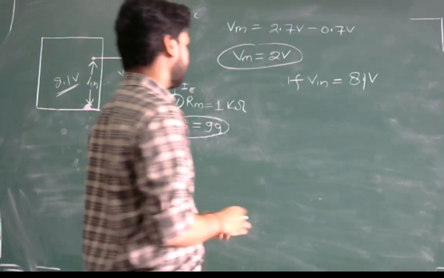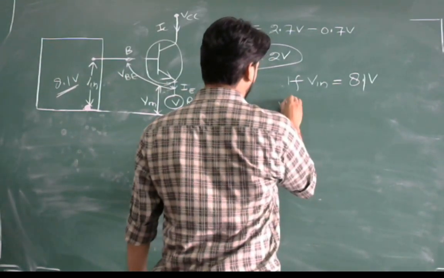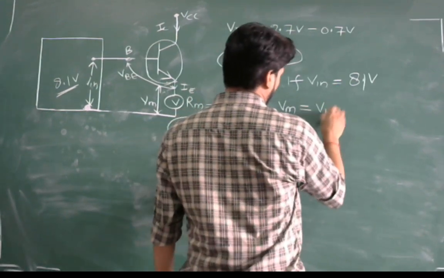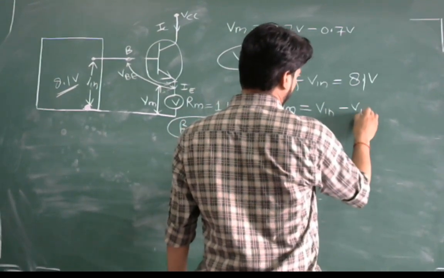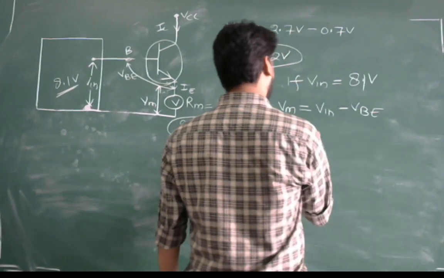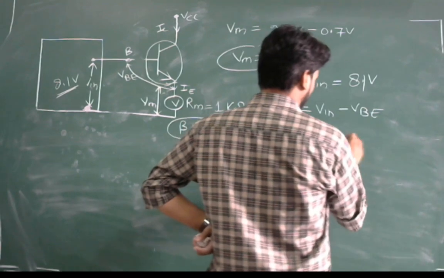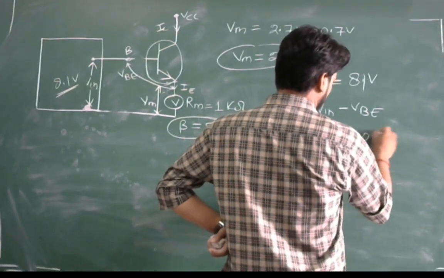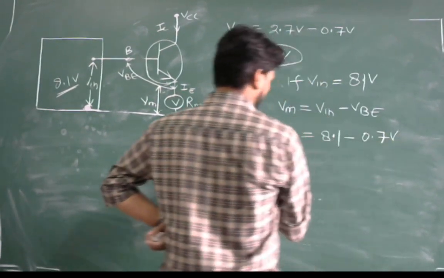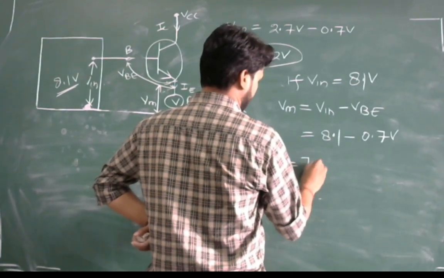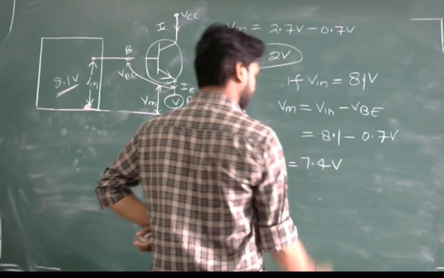To get the reading, we write Vm is equal to Vin minus VBE. Again it becomes 8.1 volt minus 0.7 volt, so Vm will become 7.4 volt.